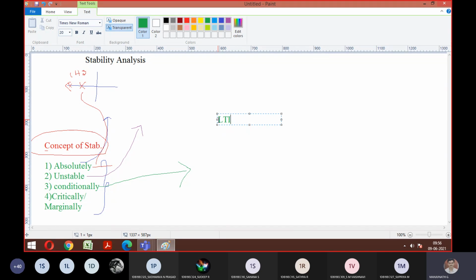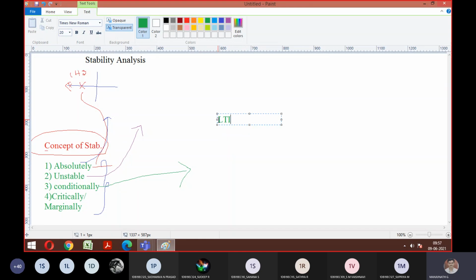Only the definition you have to write here. If they ask to explain conditionally stable, you have to get the meaning right. We know that there are two categories: one is stable system, one is unstable system. In this condition, we are representing both together. That's all. If you look at absolutely stable, we wrote only about BIBO. If you told unstable, it is not following BIBO.